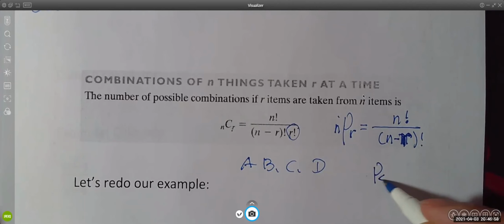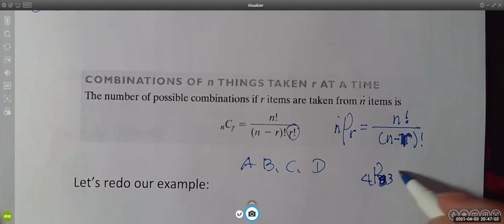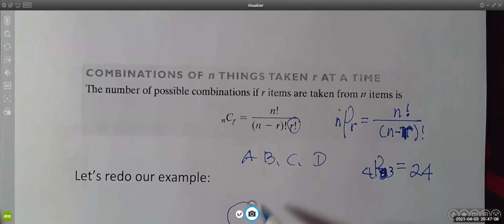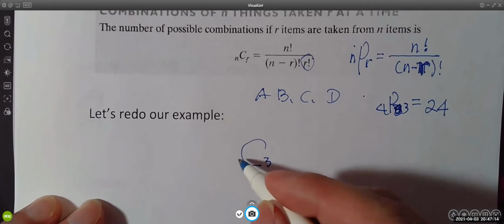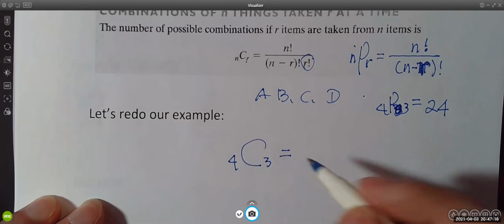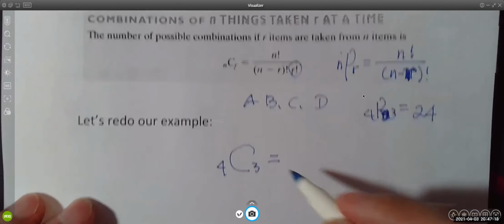That's what we did. Select 3 out of 4, this equals 24. Now let's do this using the combination where order makes no difference. We still select 3 out of 4. And let's use either the formula or a calculator, doesn't matter.